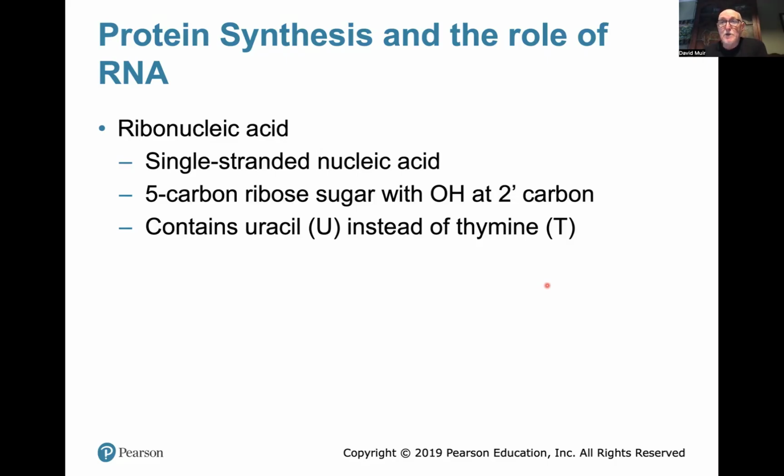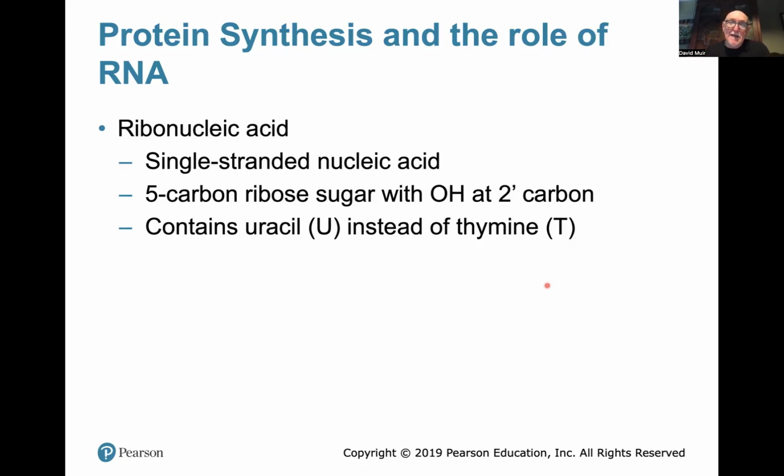And remember that a mature polypeptide will go on to form a protein. And a polypeptide is a polymer, obviously, and it is made up of monomers of amino acids. So get that straight. A polymer made up of amino acids is a polypeptide, which is effectively a protein.